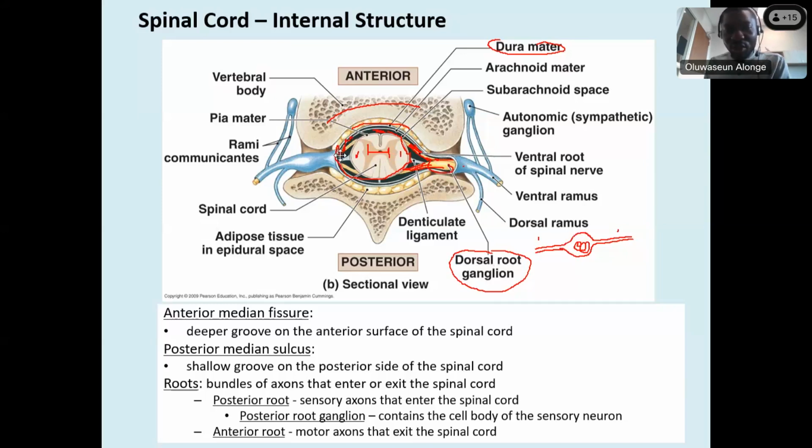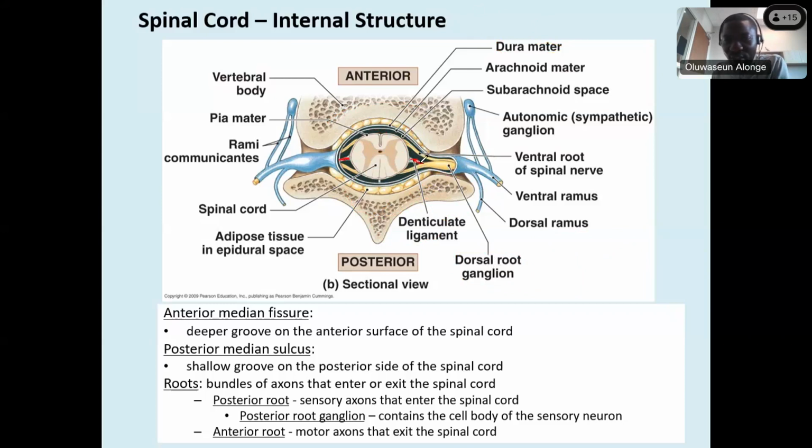Now, I'm going to remove all of these annotations so that you can see what I have here. I can point to this. Now look at this. Right here is that cartilage I told you about, denticulate cartilage.